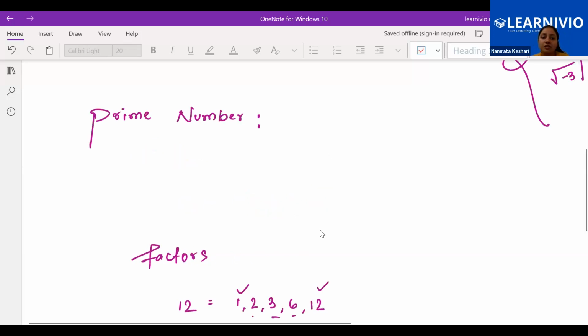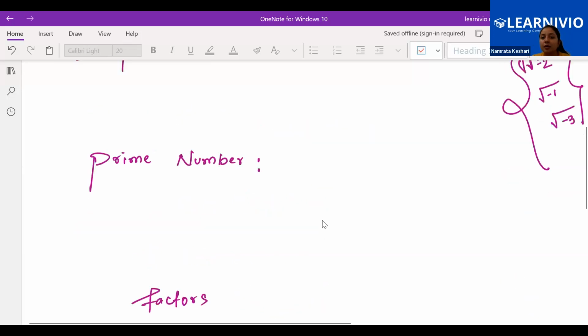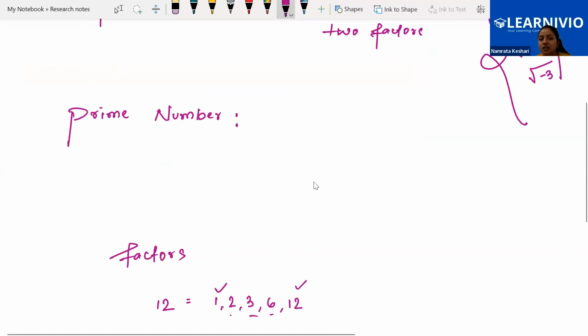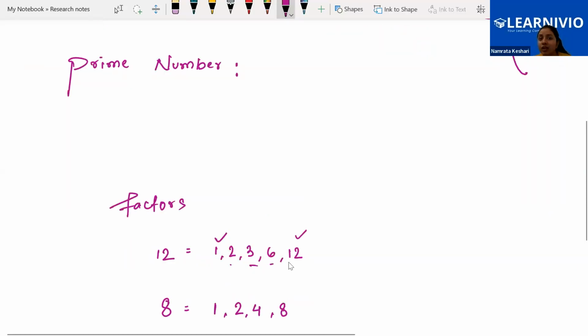So a composite number means any number having more than two factors. The examples of composite numbers are the numbers we have written just now, that is 12 and 8. These numbers have more than two factors.